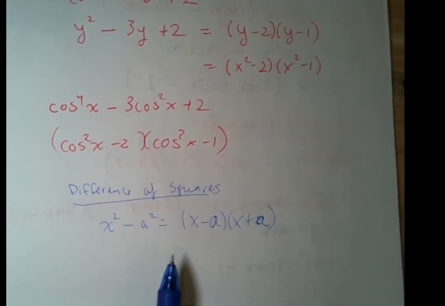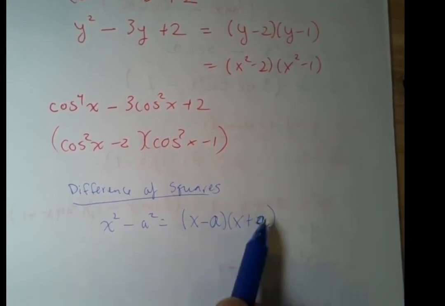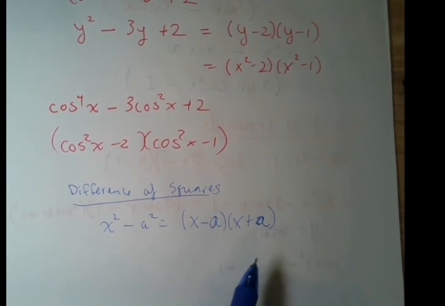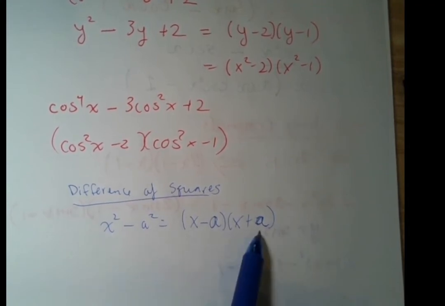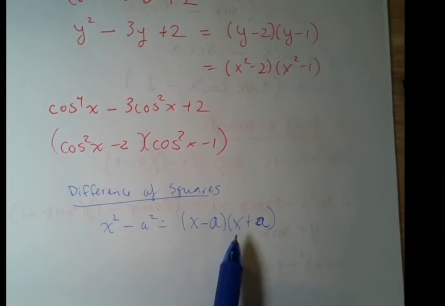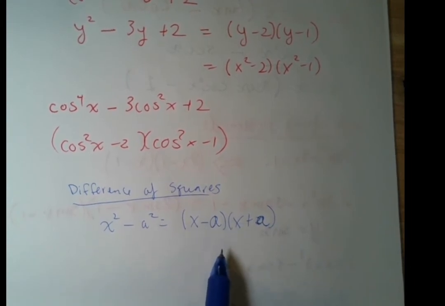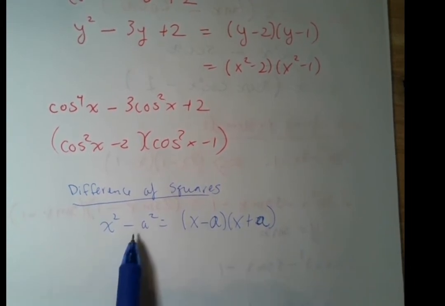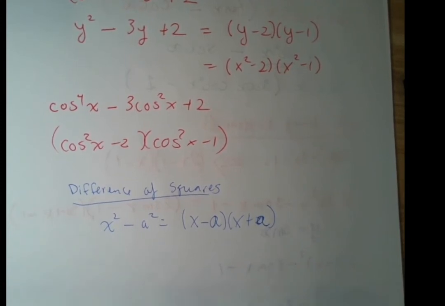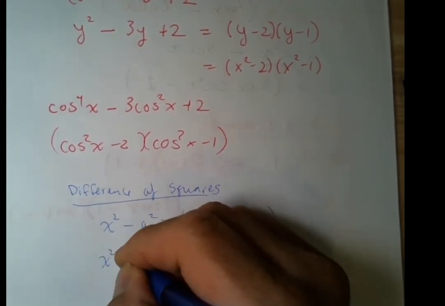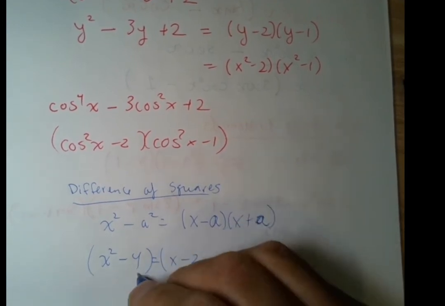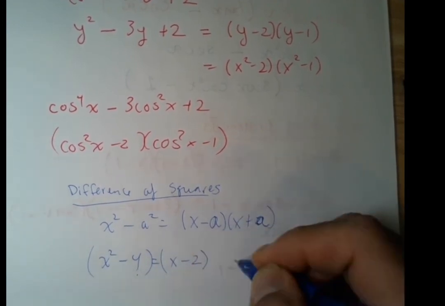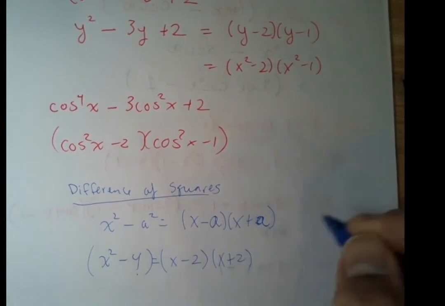All right, now this only works for a difference because when we do the distribution, the first, outer, inner, last, what you'll notice is the middle term, ax minus ax, cancels out. And this nice property only happens when we have a difference of squares, right? So if we have something like, let's say, x squared minus 4, that's equal to, the square here is 2, 2 squared, x minus 2, x plus 2, right?